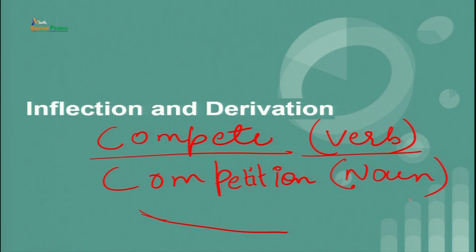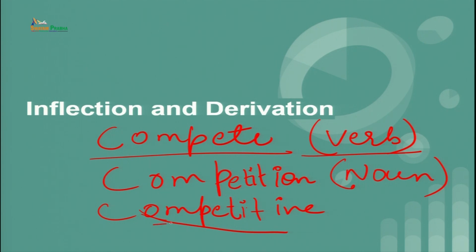Competition is something which he seriously takes. So, what is happening here? Competition is placed as noun, right. Similarly, you can put IVE, right. In order to change it further, you will see that compete, while combining with IVE, becomes competitive.